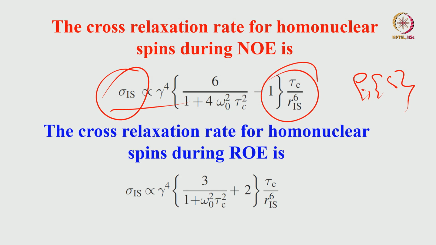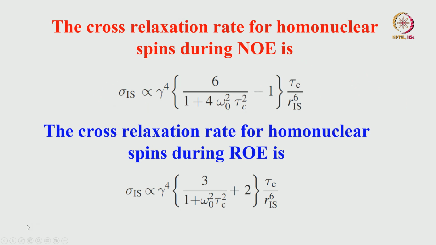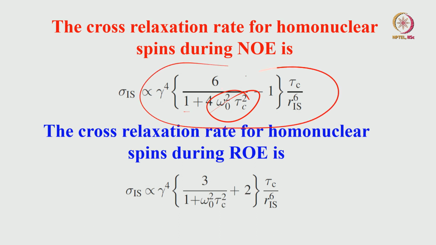Now consider varieties of situation here. I want to take the example here. Consider a situation omega tau c is approximately equal to 1. In a situation omega tau c equal to 1, then what will happen? See, this is 2, then still it is a positive term. I am sorry, not that here.